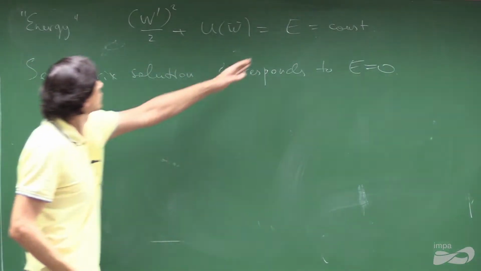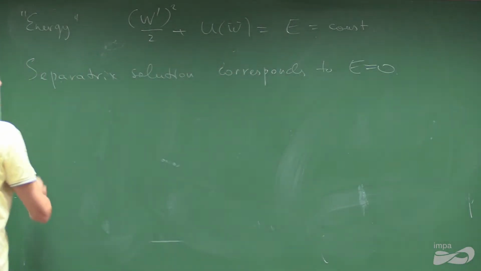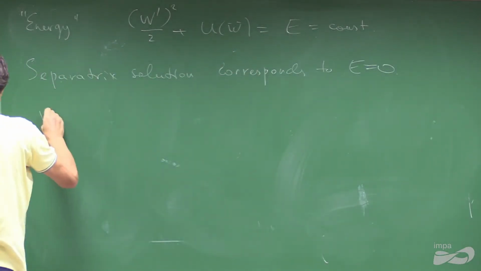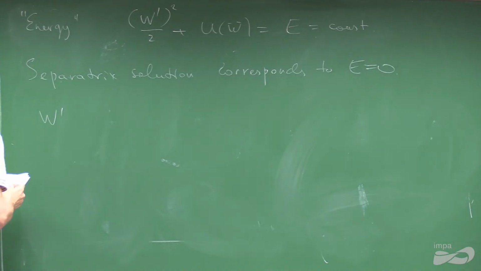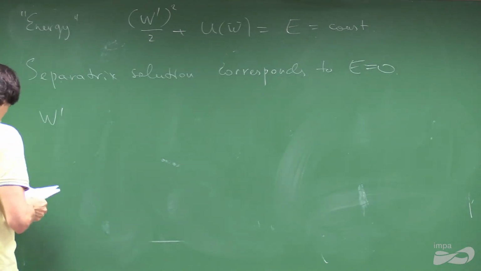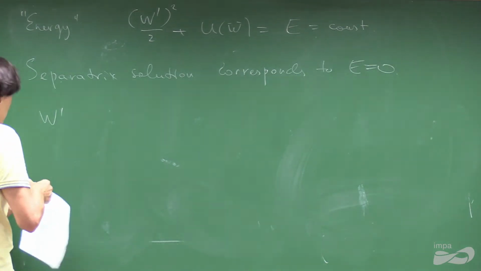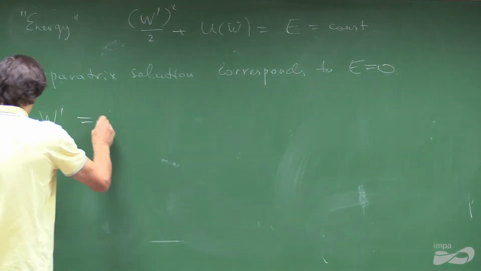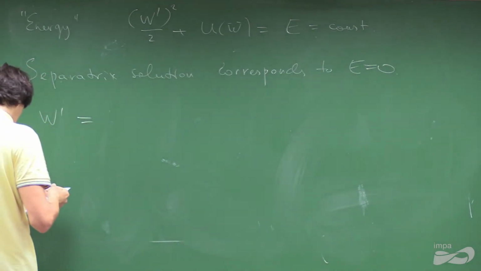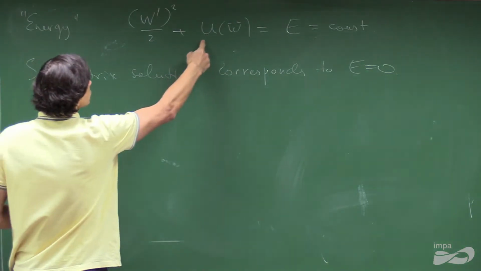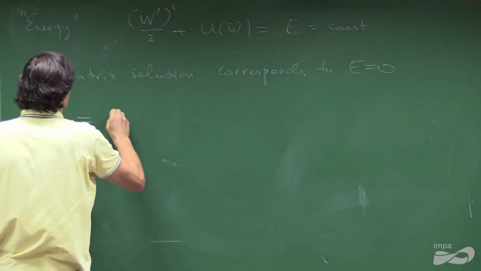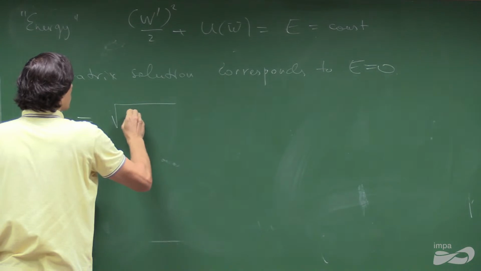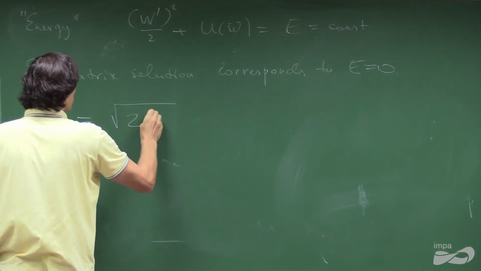So we put 0, and then you can express W prime, it will be equal to the square root of 2U, plus minus.